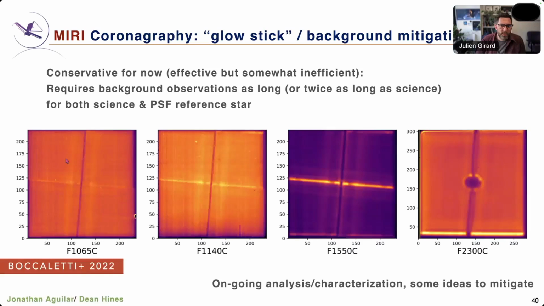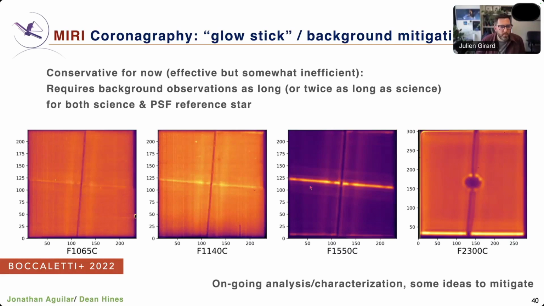So an outstanding MIRI issue is the glow stick, which you can see here: the longer the wavelengths, the more it glows. This is something that has forced us to recommend people to take a dedicated background for each observation.